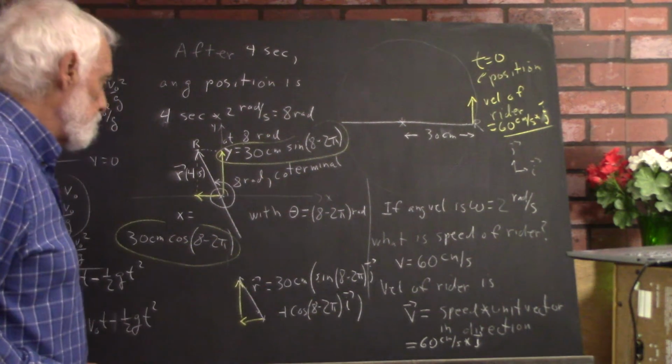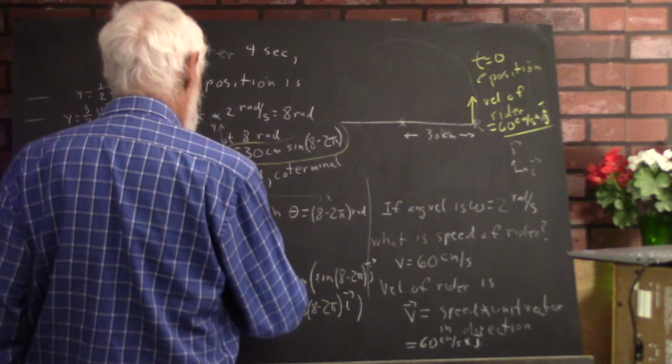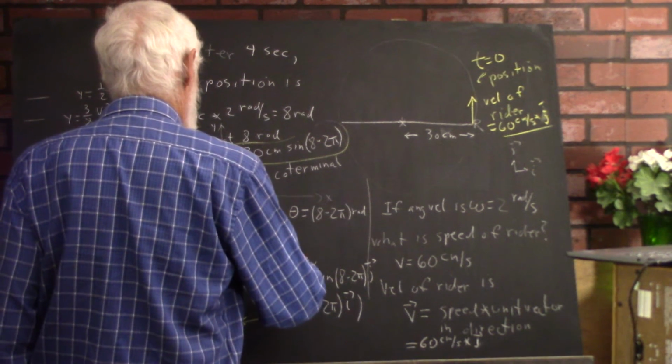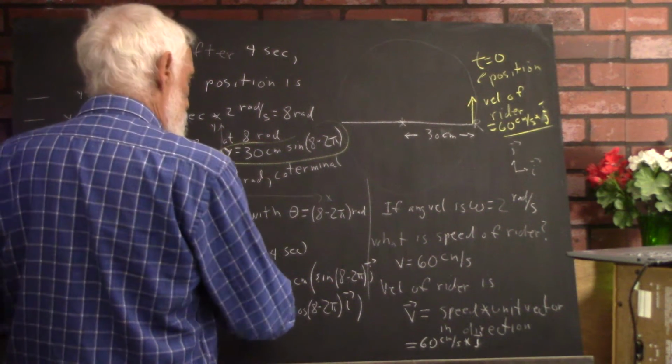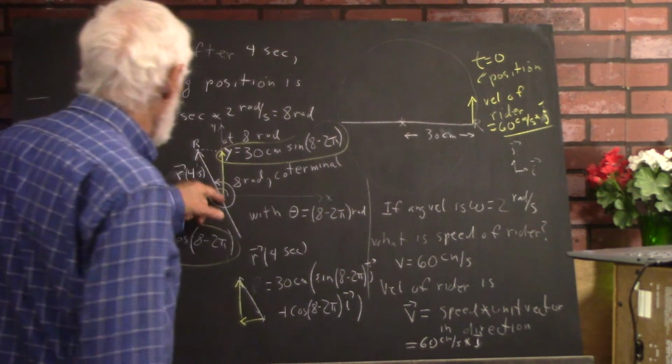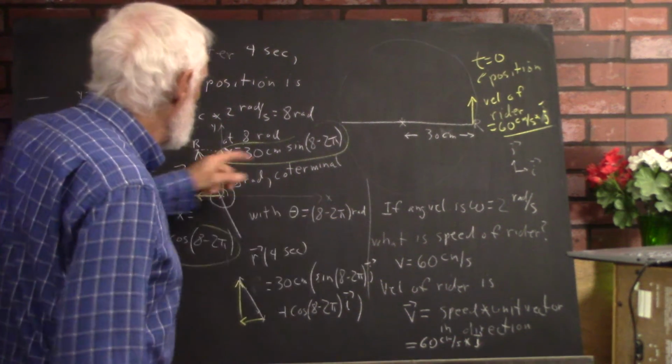I could write this as r of 4 seconds equals the magnitude of 30 centimeters times the sine of theta times the j vector.